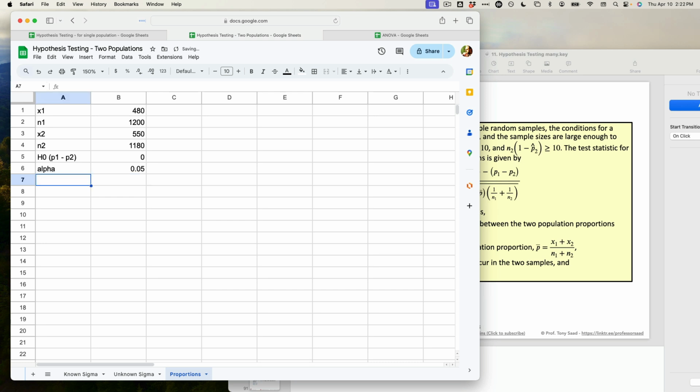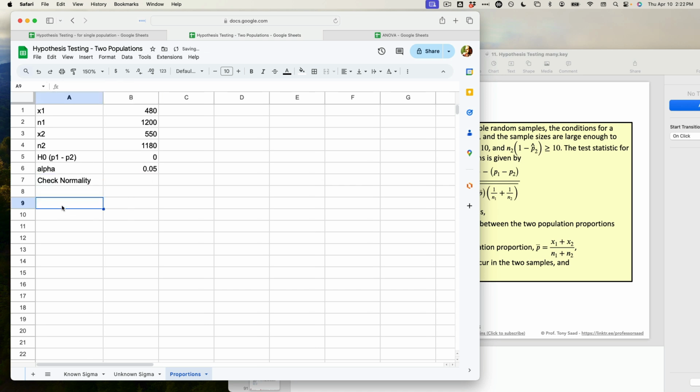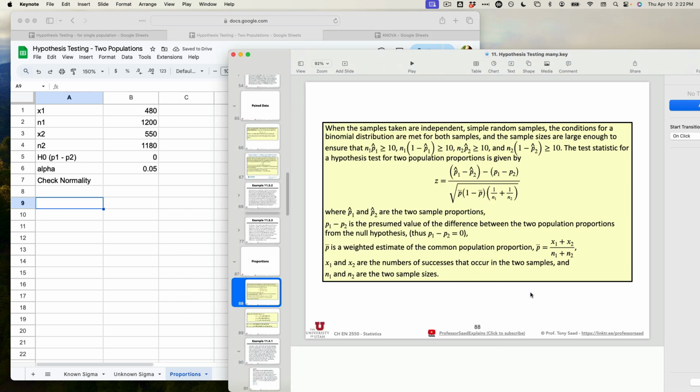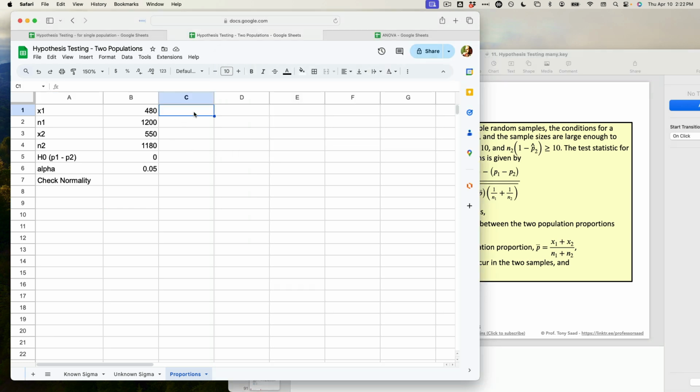Next, we need to check normality. I'm going to put a yes or no here, but before that, I need to calculate these conditions, N1 P1, N1 times 1 minus P1, et cetera. So I'm going to put P1 hat over here, which is the proportion for sample 1, so that would be X1 over N1.